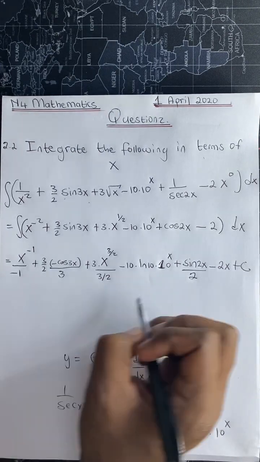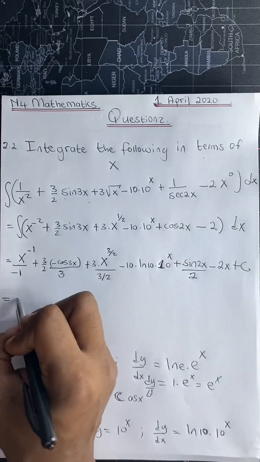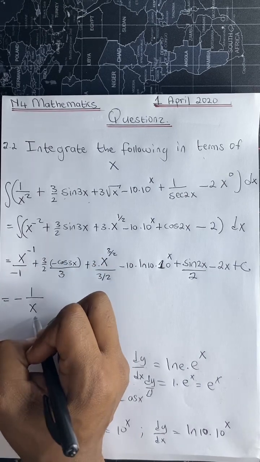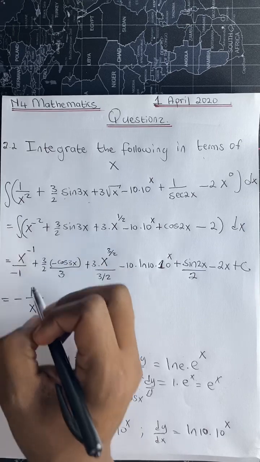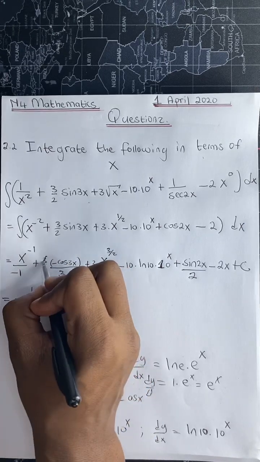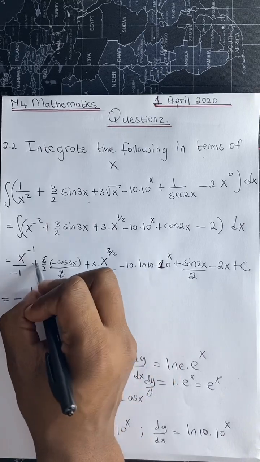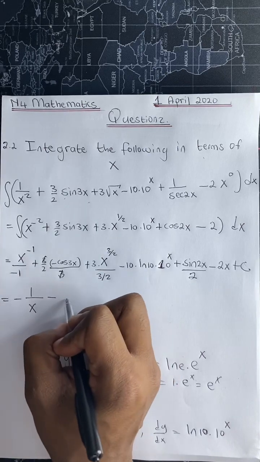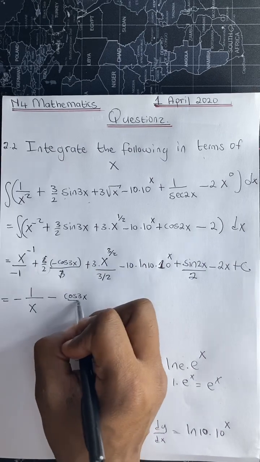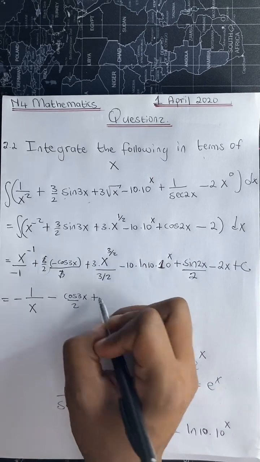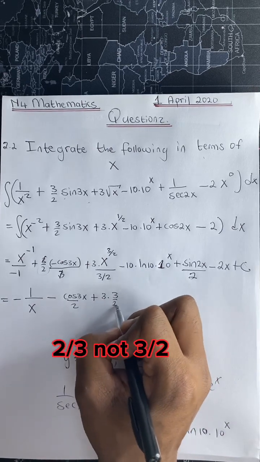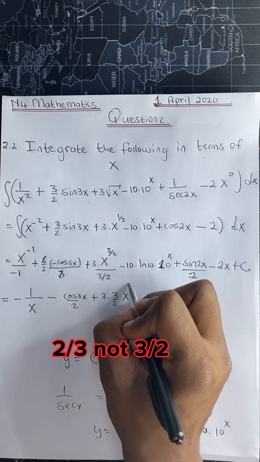So let's try to simplify this. That x to the power negative 1, when it comes to the denominator, is going to change sign of the exponent from negative to positive 1. And that 3 will cancel out that 3. That negative multiplied by that positive will be negative cos 3x over 2, plus 3 multiplied by 3 over 2 x raised to the power 3 over 2.